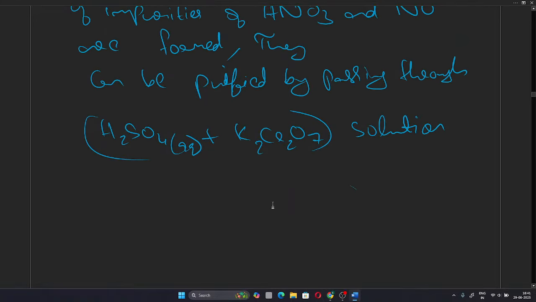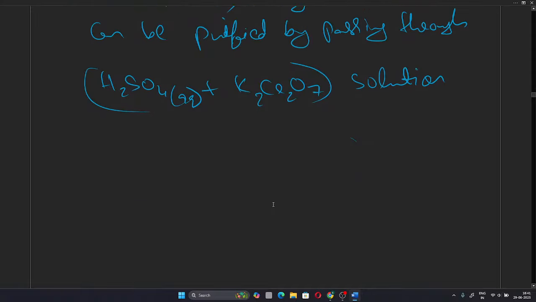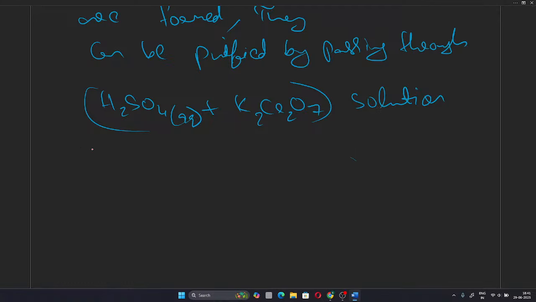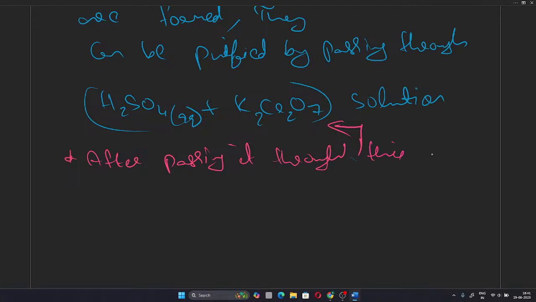After passing it through this solution, we will get ammonium dichromate.